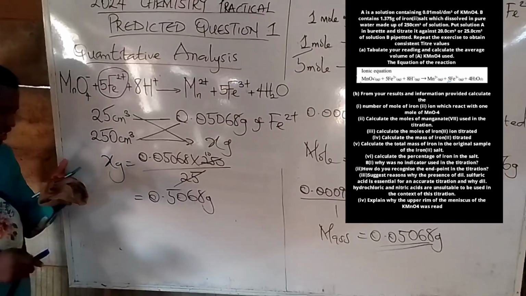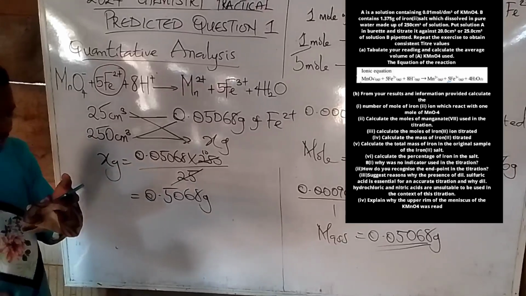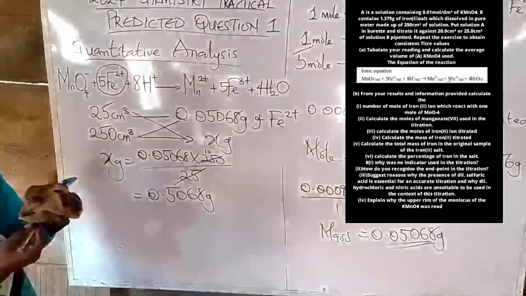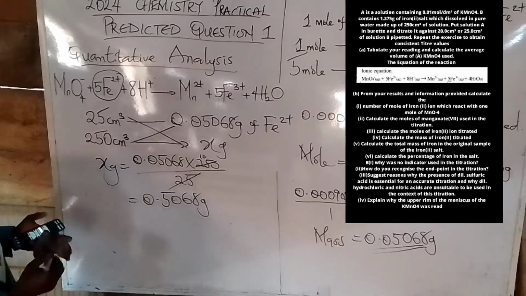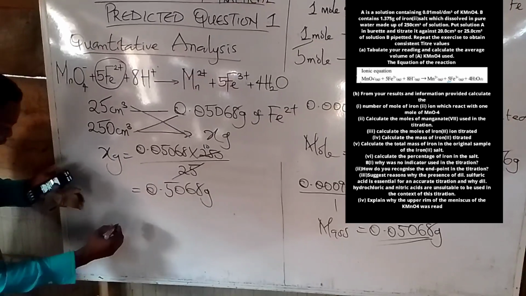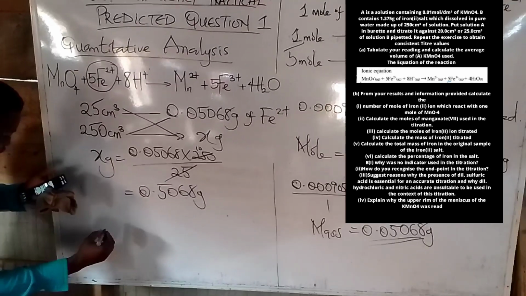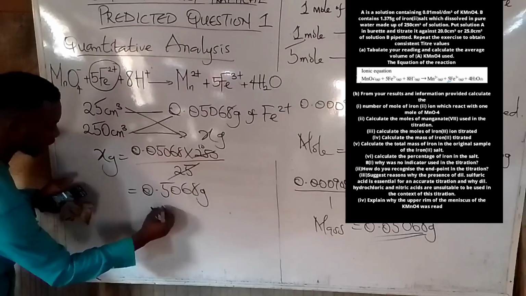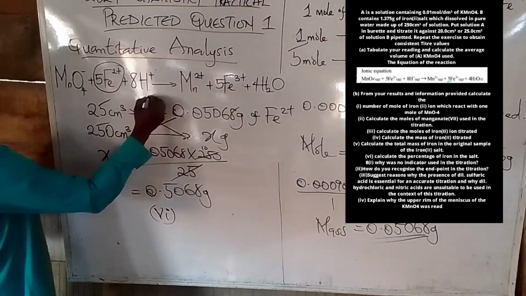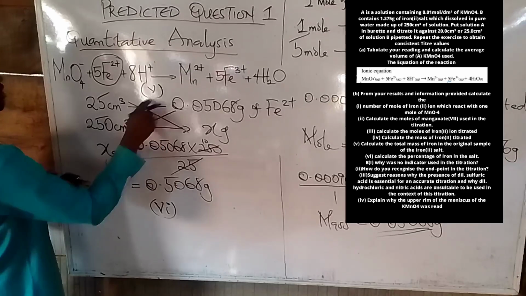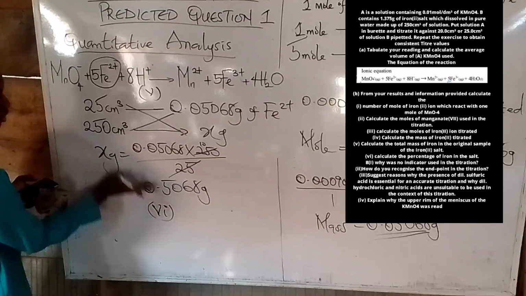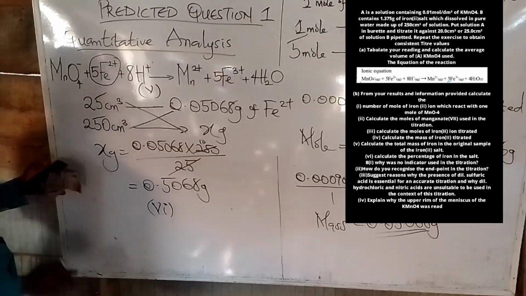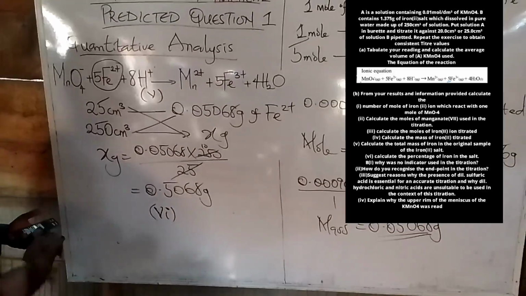So the next question says, calculate the percentage of iron in the salt. That is question Roman figure VI. So this one is standing as question Roman figure V. Please don't get it twisted. From here to here is Roman figure V, and this is question VI. How do we get the answer?